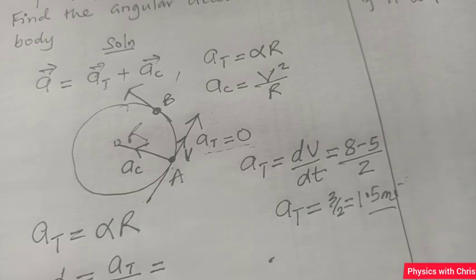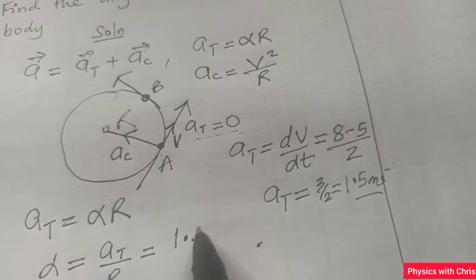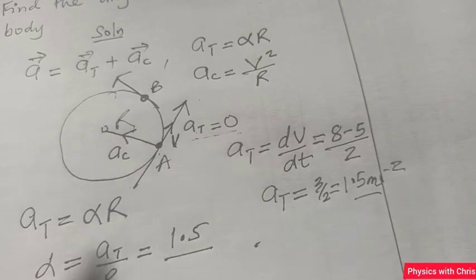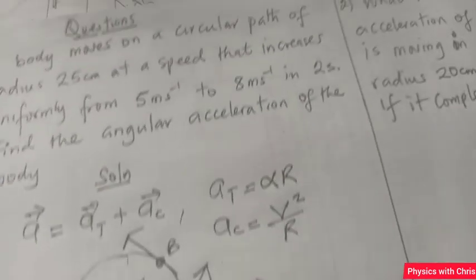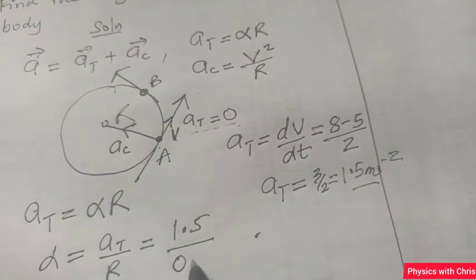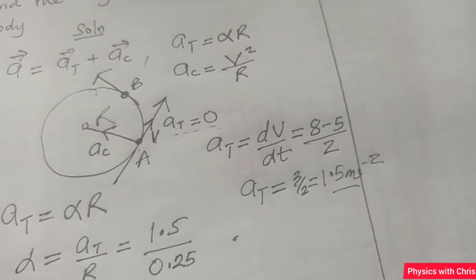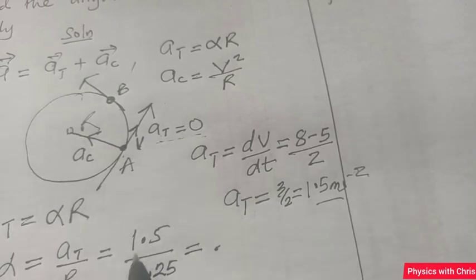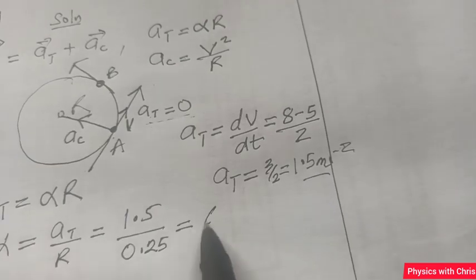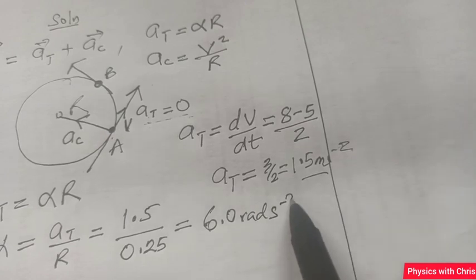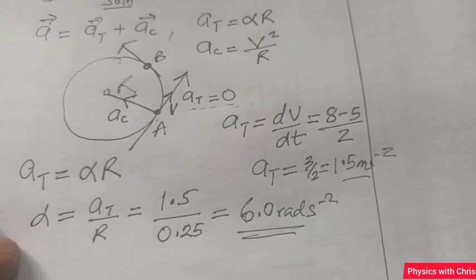I've got my tangential acceleration already as 1.5 meters per second squared, divided by the radius of the circle, which was given in the question. That's 25 centimeters, divide by 100, that gives 0.25. When you divide this, it's more like multiplying 1.5 by 4. That gives you 6.0 radians per second squared angular acceleration. So that is the solution to this particular question.